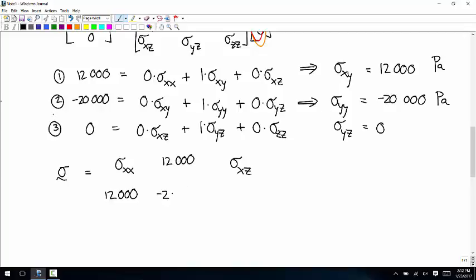Sigma yy is negative 20,000, and sigma yz is 0. And then symmetry says we don't know this, we know this one's 0, and we don't know this.